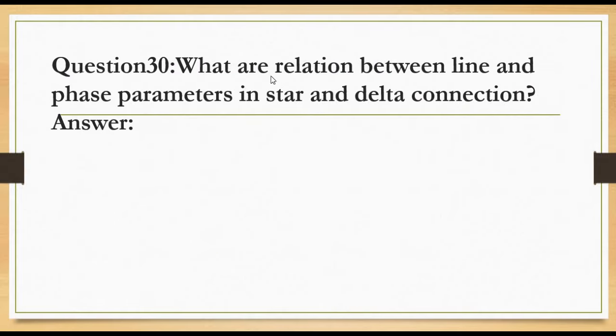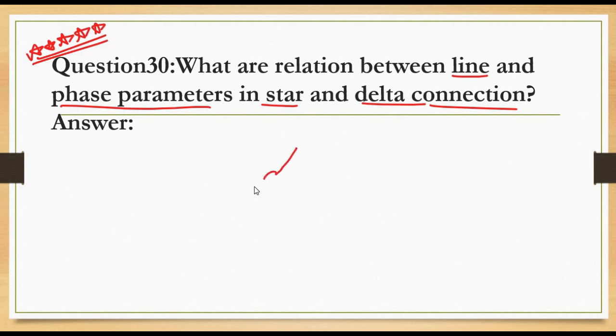Our last question is, what is the relation between line and phase parameters in star and delta connection? So this is the most important and repeatedly asked question in each Viva. Let us see first for delta connection.